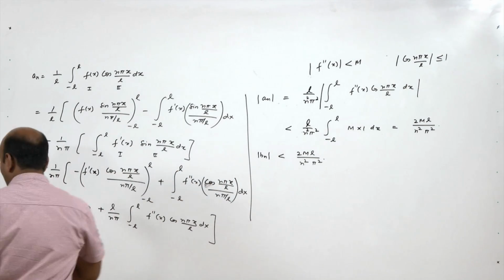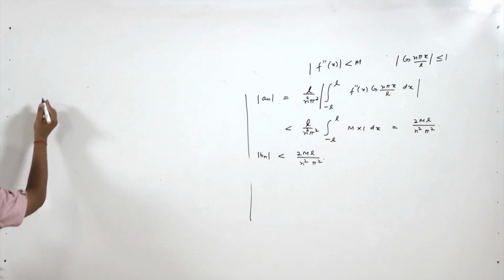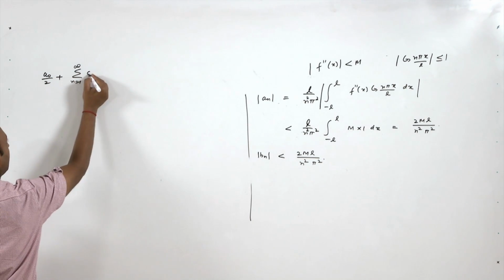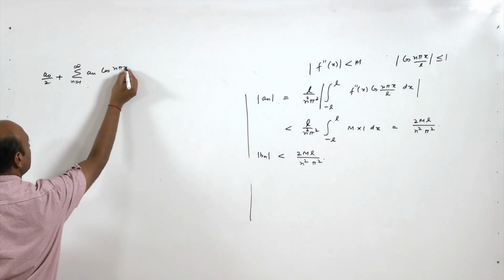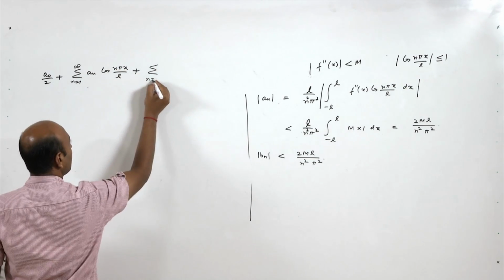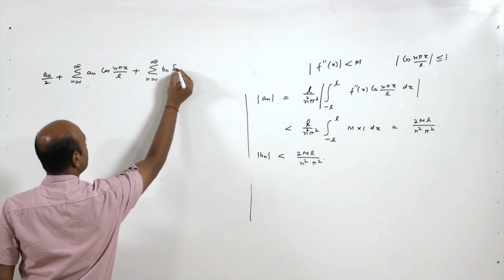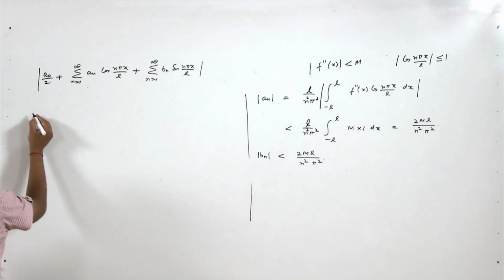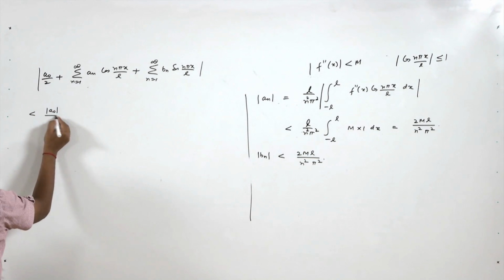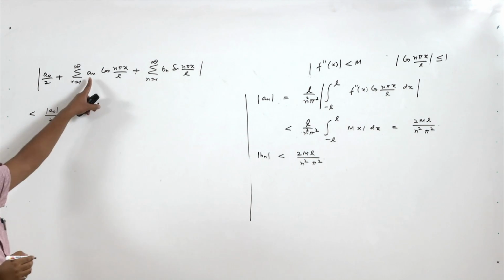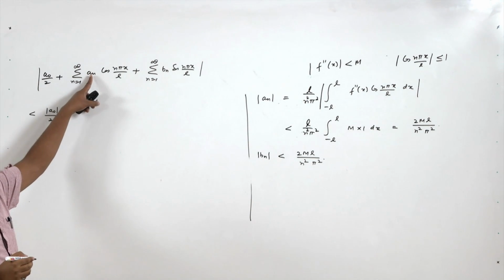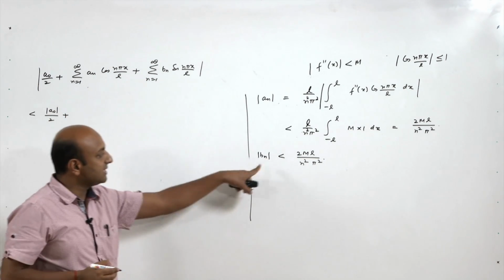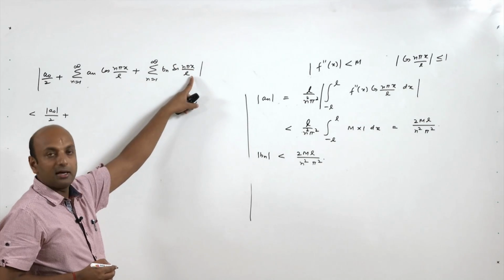So, what about this series? A naught by 2 plus summation n from 1 to infinity a_n cos n pi x by L plus summation n from 1 to infinity b_n sin n pi x by L. This mod will be less than mod a naught upon 2 plus, for each n, mod of cos n pi x by L is less than or equal to 1, mod of b_n is less than this, and mod of sin n pi x by L is less than or equal to 1.